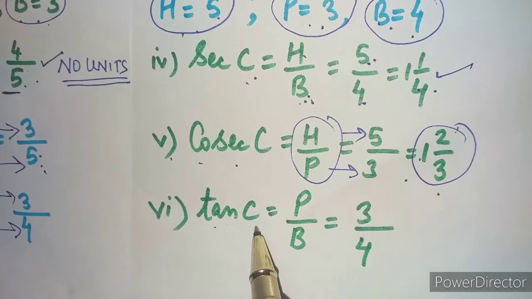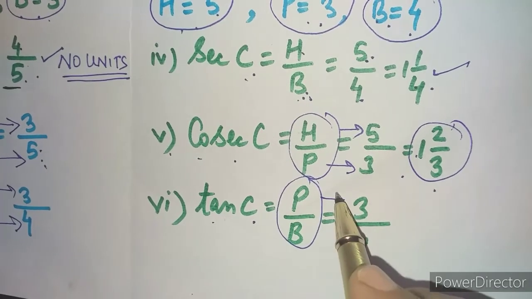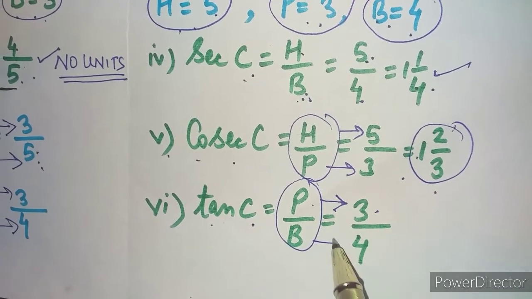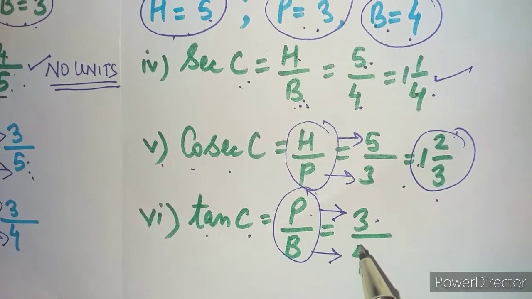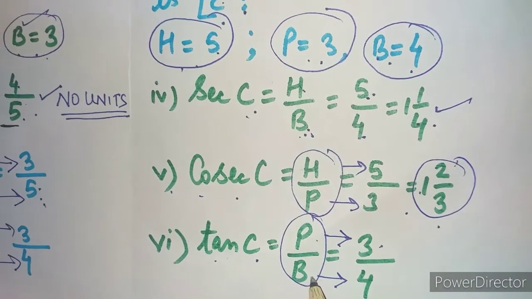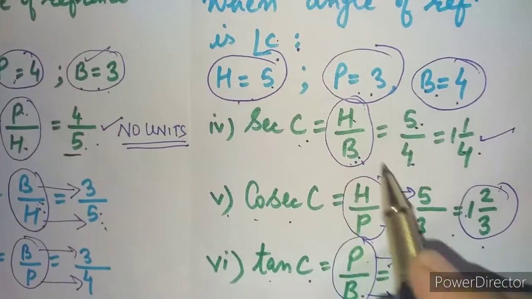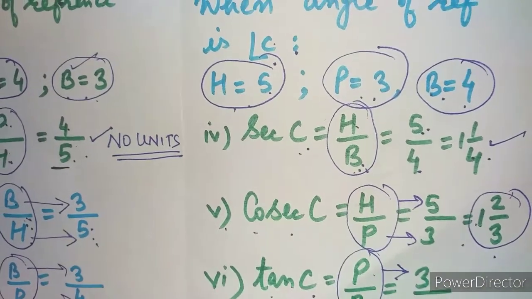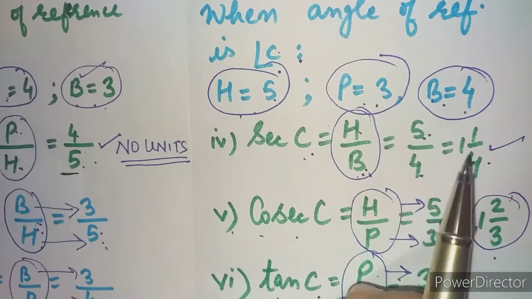Then comes tan C. Tan C formula is p upon b, and I have put here p equal to 3 and b equal to 4. So students, is it now a little visible to you that the whole of trigonometric questions will be based only on the formulae? If you remember the formulae easily, no question can go wrong, right?